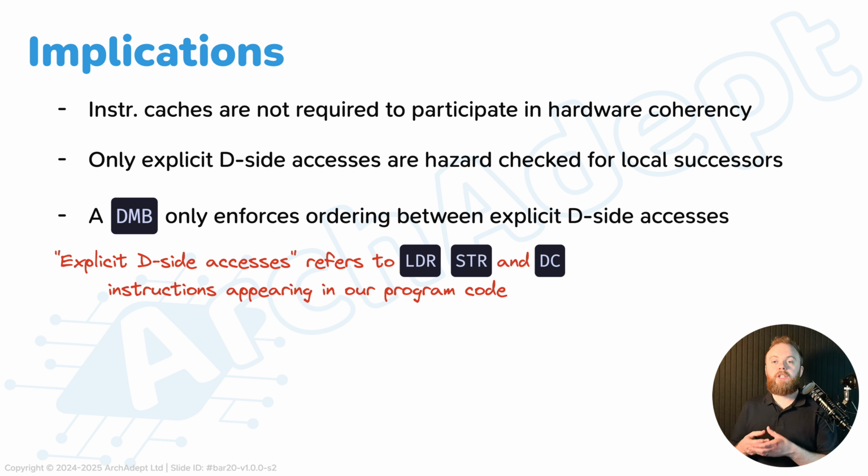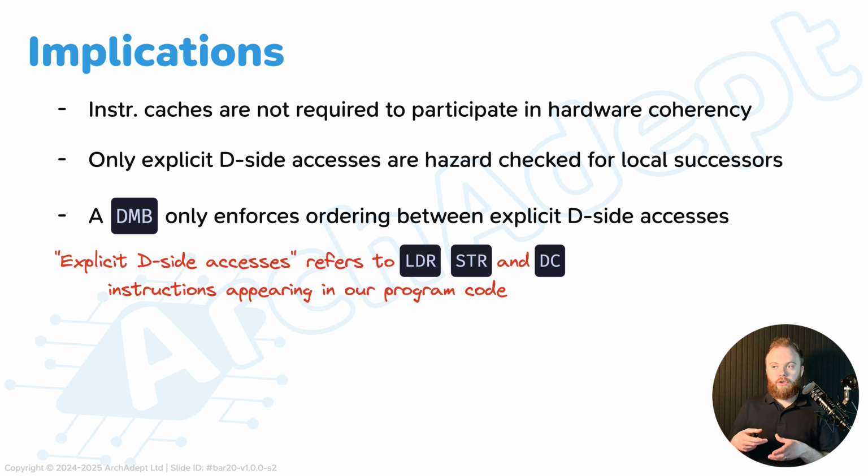Secondly, only explicit D-side accesses are hazard checked for local read and write successors. So you'll recall back in Lesson 3, we saw that accesses issued by the same CPU that overlap the same address are guaranteed to be observed in program order. Specifically, a load overlapping an earlier store is referred to as a local read successor, and a store overlapping an earlier load or store is referred to as a local write successor.